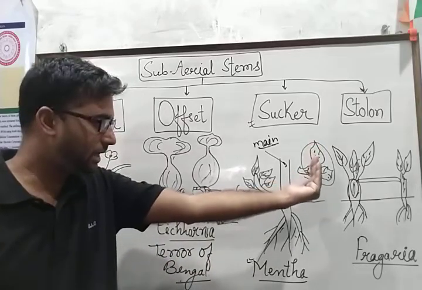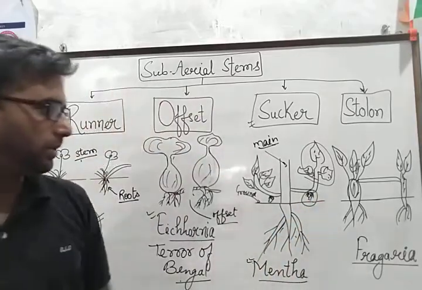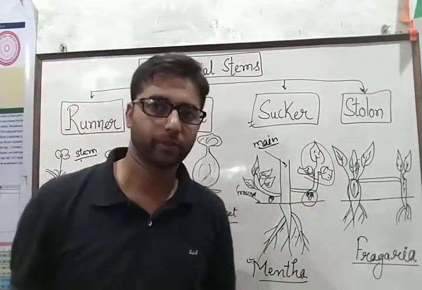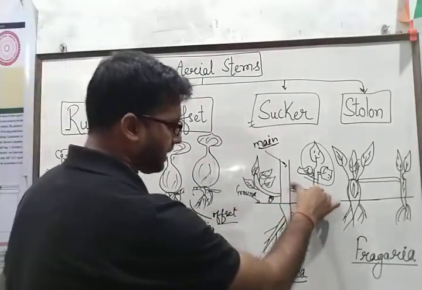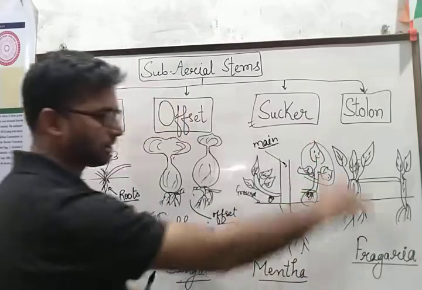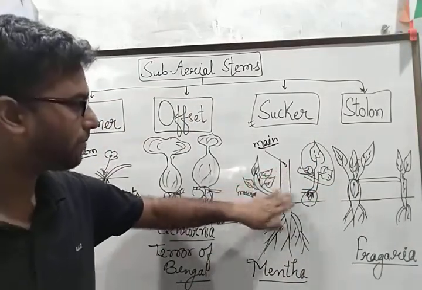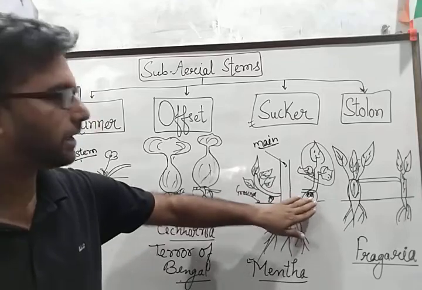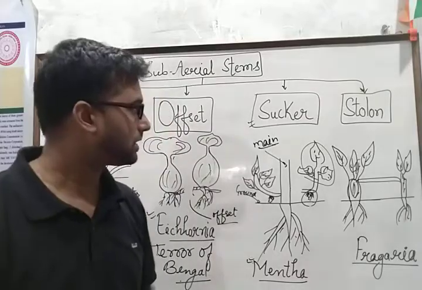Yes, this is the angle. And the part which is very near to the ground starts rooting, due to which roots are formed. And if these branches are cut from the main plant, from the main branch, this finally gets converted into a mature plant. So this is a sucker.